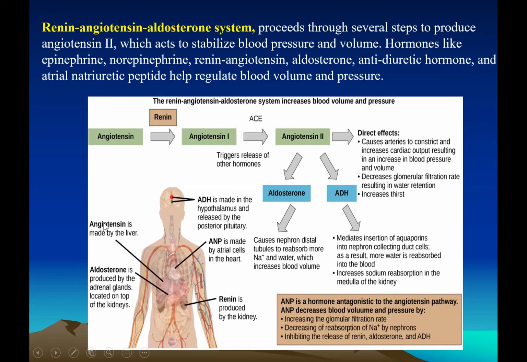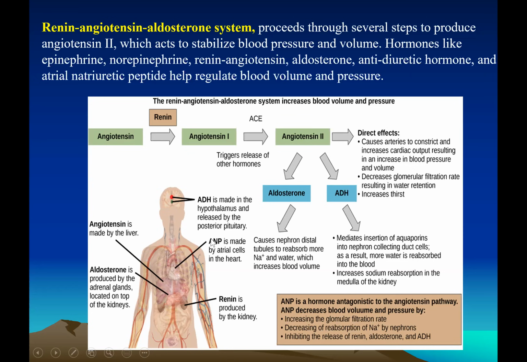For example, angiotensinogen is made by the liver. And we already saw aldosterone is made by the suprarenal glands here. Antidiuretic hormone plays a huge role in retaining water, right? Antidiuretic hormone is made by the hypothalamus. We studied all this in the endocrine system.